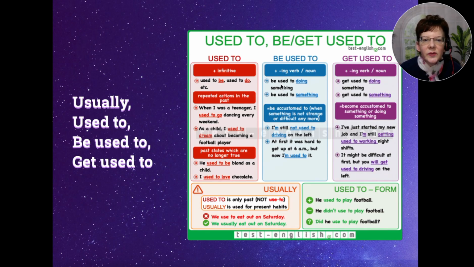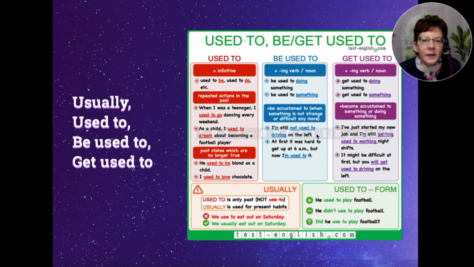So, for example, to be used to doing something or to be used to something. It really means to be accustomed to, when something is not strange or difficult anymore after some time. For example, I'm still not used to driving on the left. It's a different country. Yes, and I'm getting used to it.